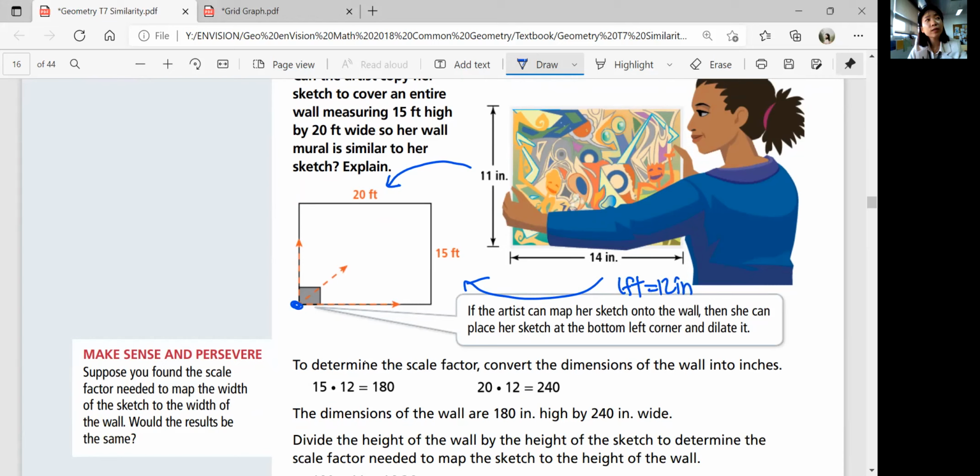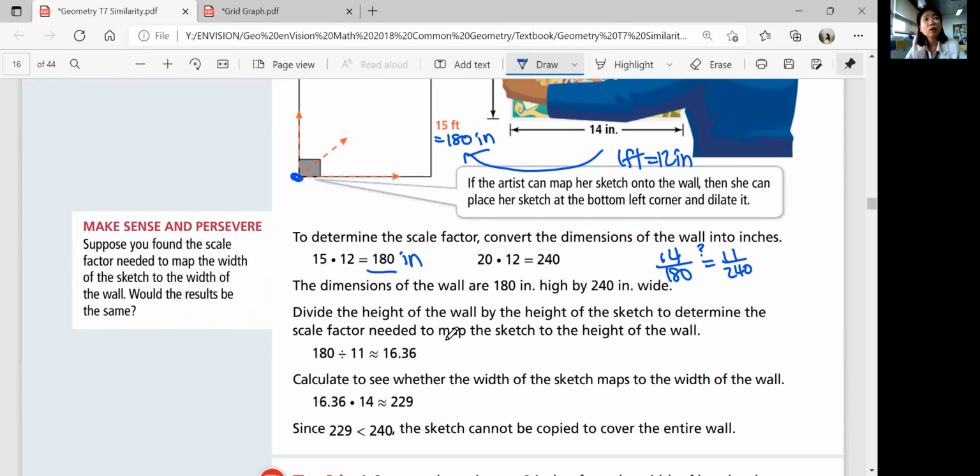You multiply 15 by 12 to get 180 inches. And 20 times 12 is 240 inches. Okay, so is 14 over 180 equal to 11 over 240? If they do, then they're proportional. The distances are proportional, so they're similar.